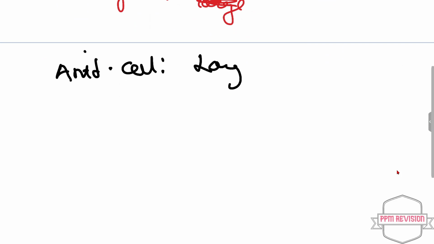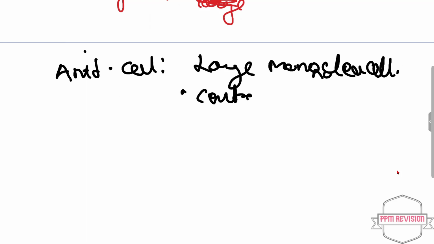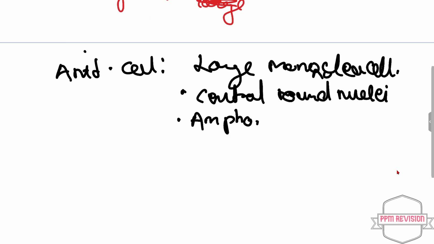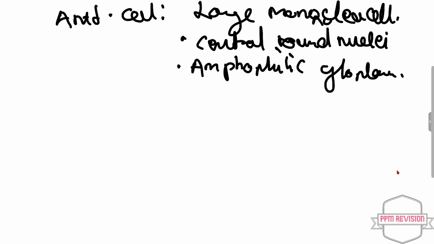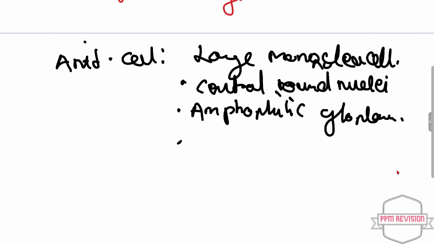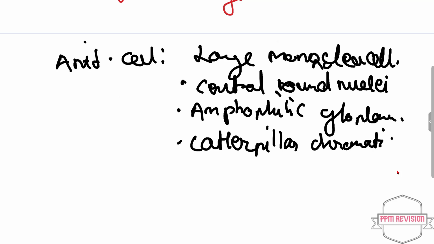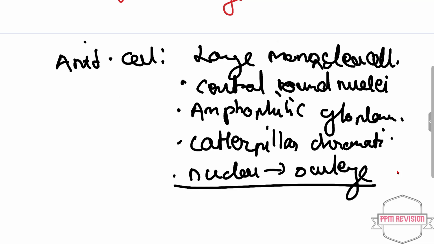They are large mononuclear cells, clear cells, and they have a central round nucleus, and also they have amphophilic cytoplasm, and they have caterpillar-like chromatin, and the nucleus is similar to that of an owl eye. So these are important points.